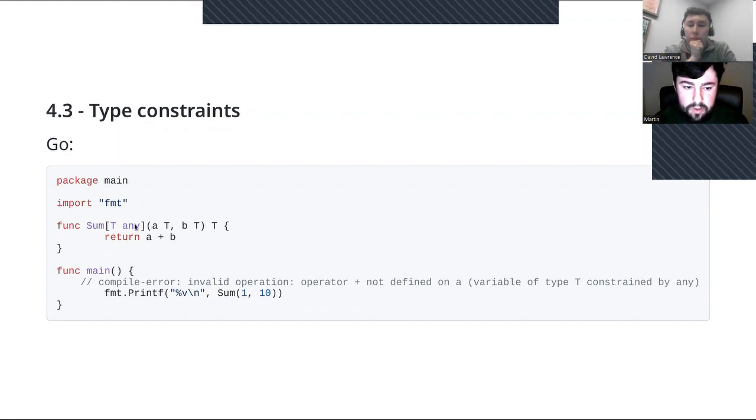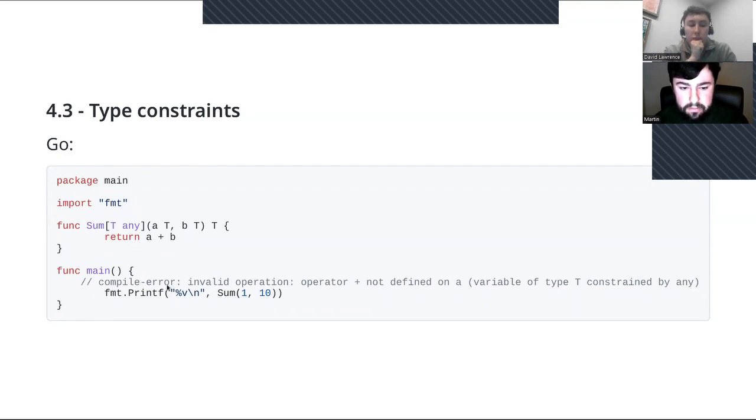And this would be also the difference between saying I have a T of type any, type constraint any, versus saying A any, B any, and returns any, because that would generate a runtime error. In this case, we have an alternative that is verified at compile time, which is good.